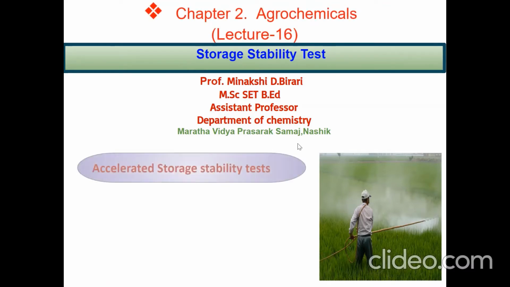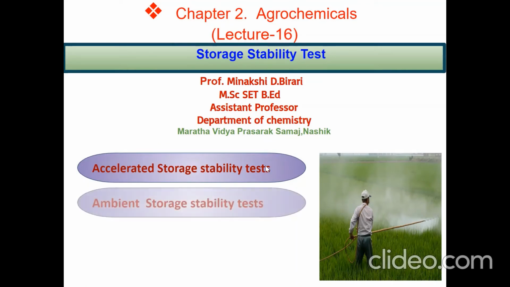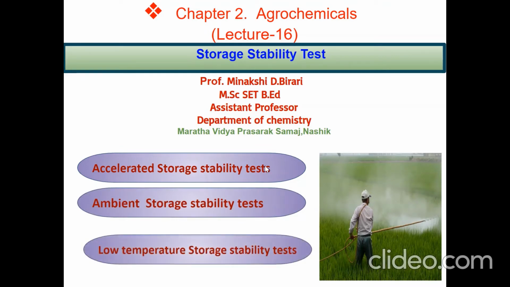Storage stability test has three important types: accelerated storage stability test, ambient storage stability test, and low temperature storage stability test. So, in today's lecture, we have to study what is storage stability test and what are the different types of storage stability test in detail.